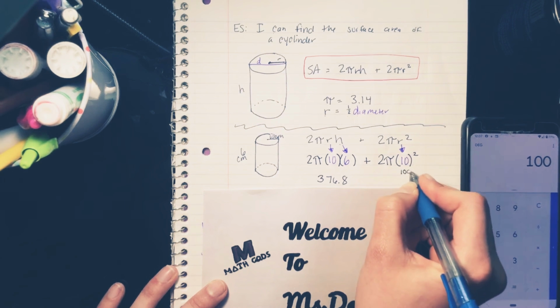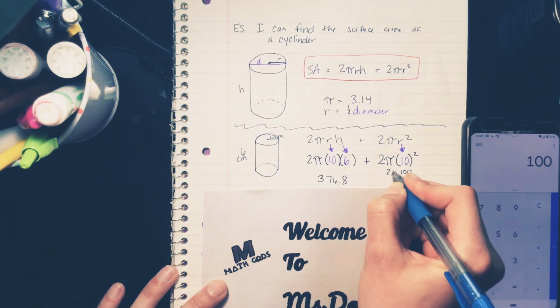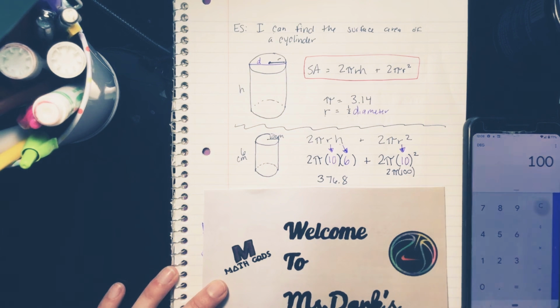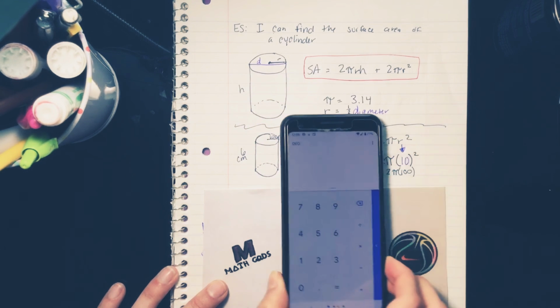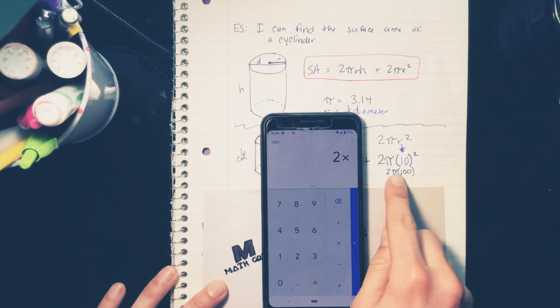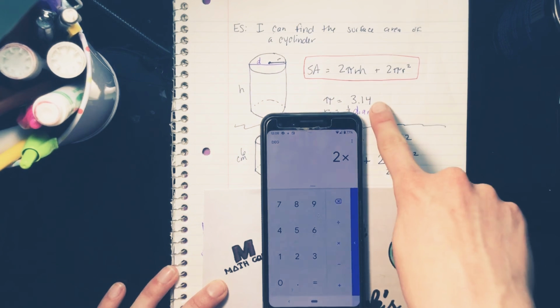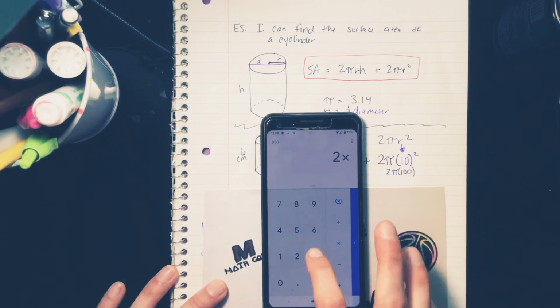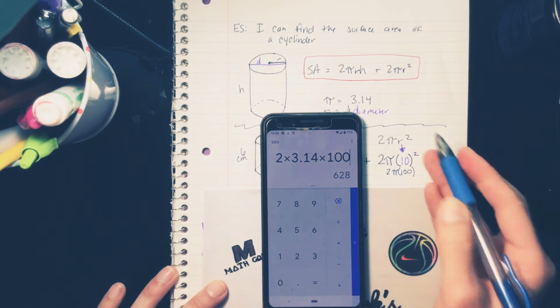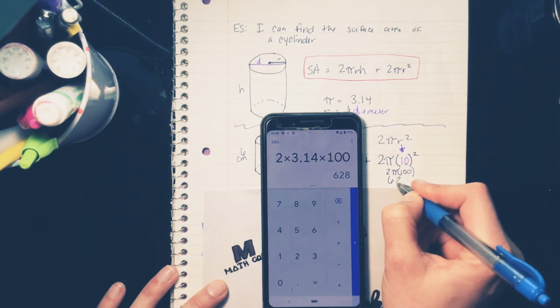Then we have 2 times pi times 100. I'm going to plug into my calculator again: 2 times 3.14 times 100. And that is going to equal 628.